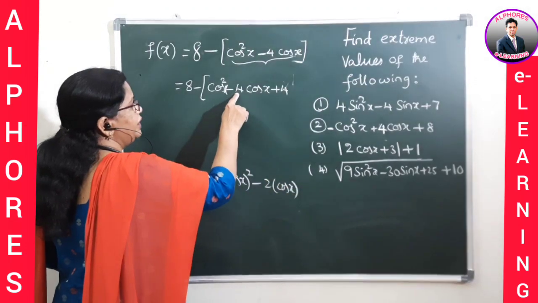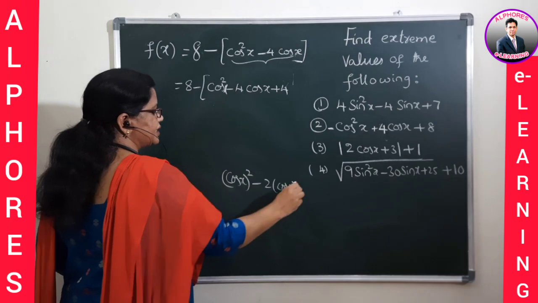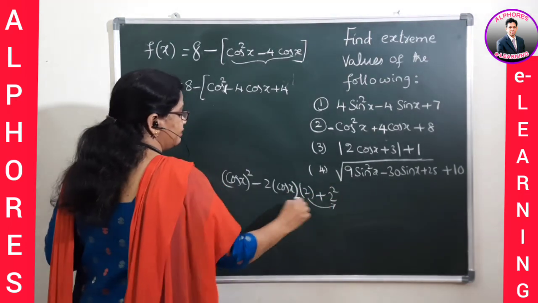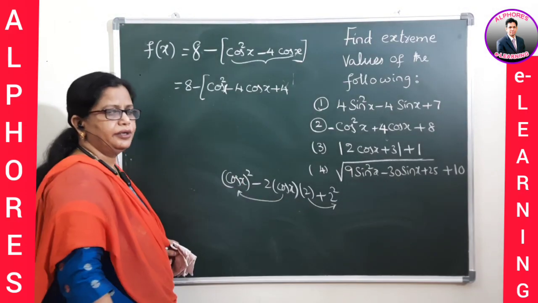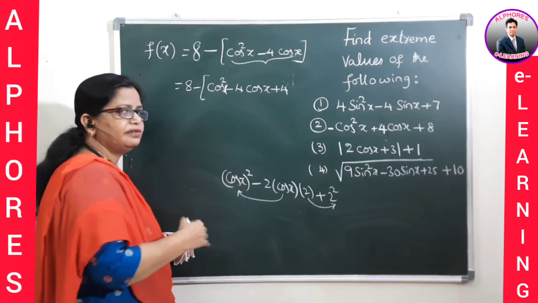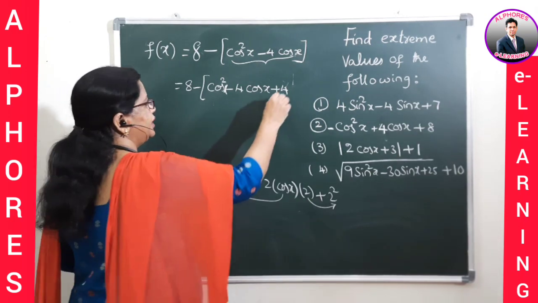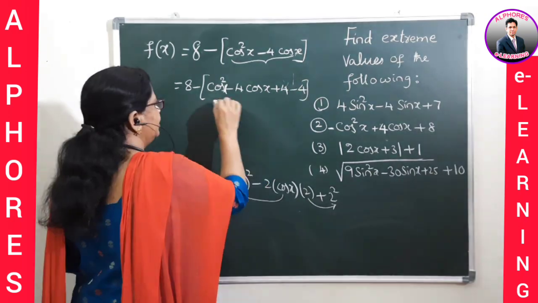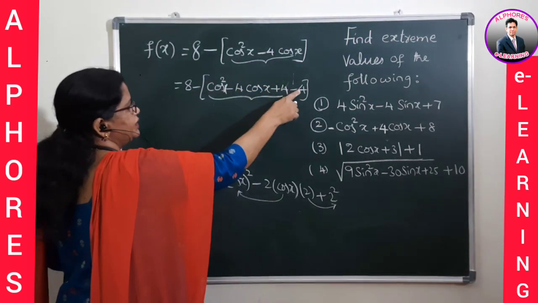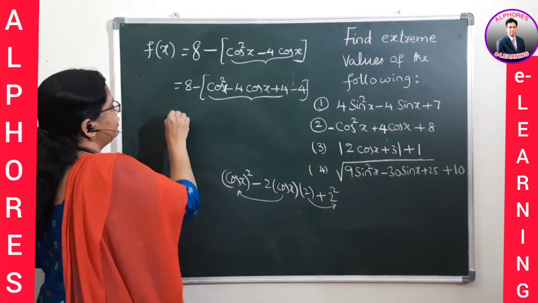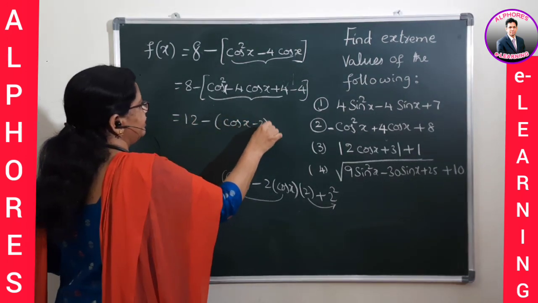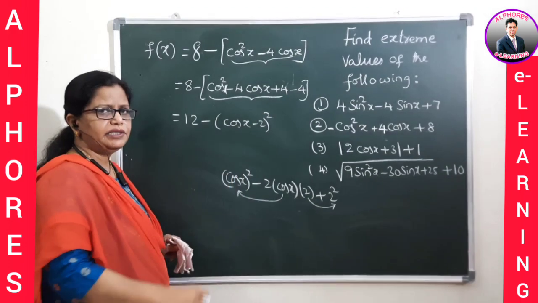But here 4 is there, which implies extra I am writing 2, and to this value I am taking 2 square and here already square. 2 square means it is 4, but it is not our complete interest. Whatever value you are adding, immediately we have to subtract. Now this is our perfect square. So the extra term is minus into minus plus 4, and thereby this is 12 minus cos x minus 2 whole square. So in this way, students, we obtain it.